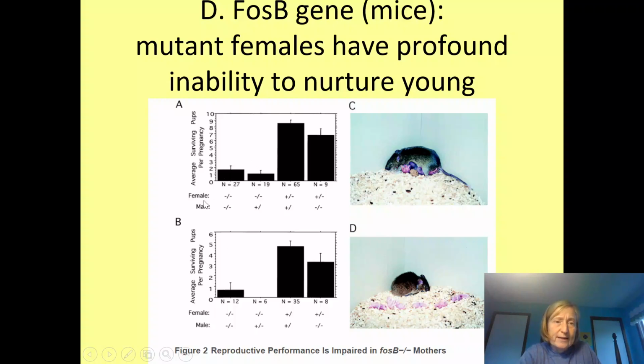The kicker is these females that have two mutant versions of this gene can barely raise a single offspring, versus females who are heterozygous for this gene, who have one normal version of the gene. They're great, they can raise their 8, 9, 10 pups all the time.